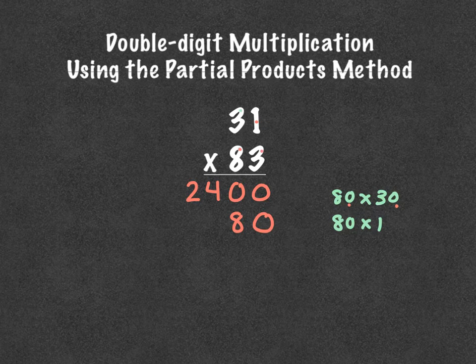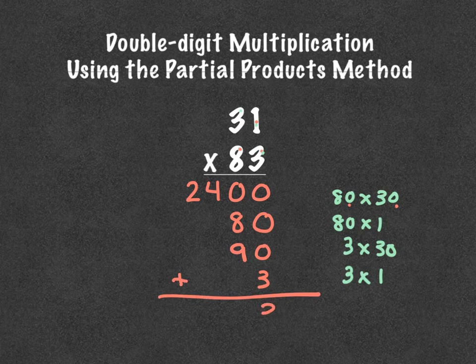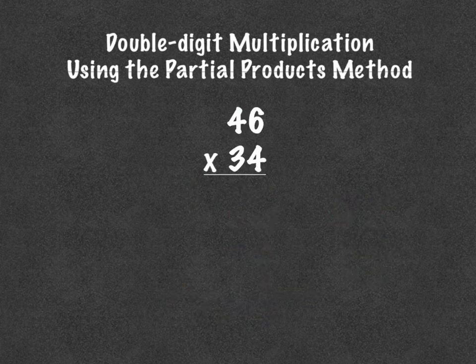Then we have 3 times 30. 3 times 3 is 9, plus a 0 is 90. And our last one, 3 times 1, which would be just 3. We add these up: 3, 17, 5, and 2. 2,573. Goodness, it went really fast.